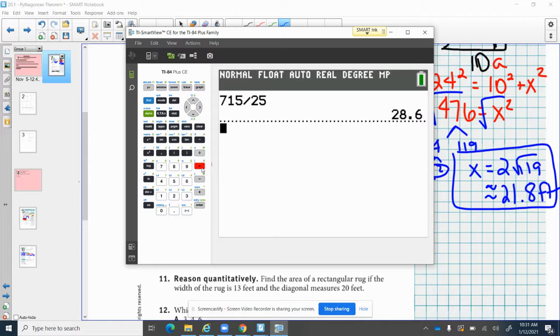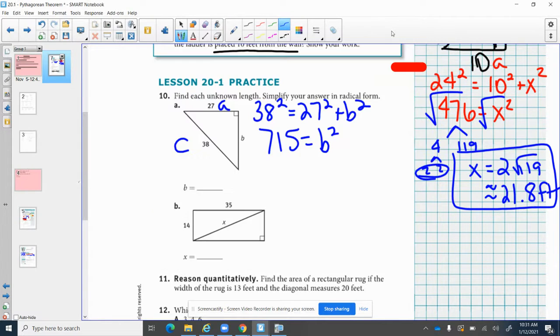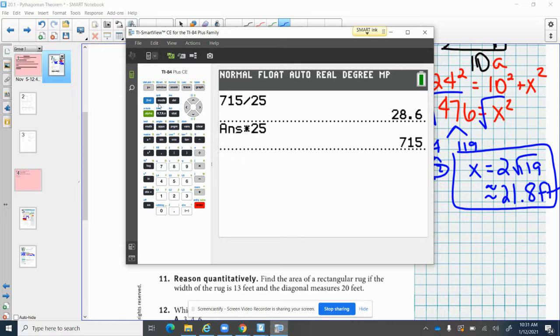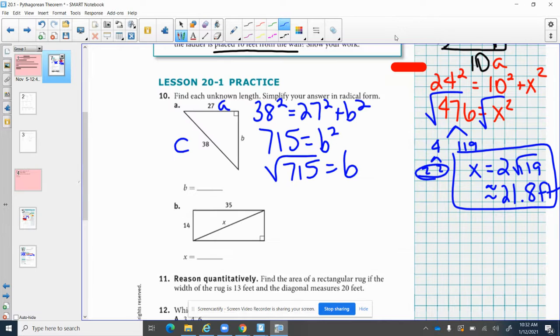It's not divisible by 25. There's no other perfect squares that are going to go into it. So actually the square root of 715 is our radical form. We also can look at the decimal approximation of the square root of 715, which would be 26.7 as our missing side, if we're just approximating, okay?